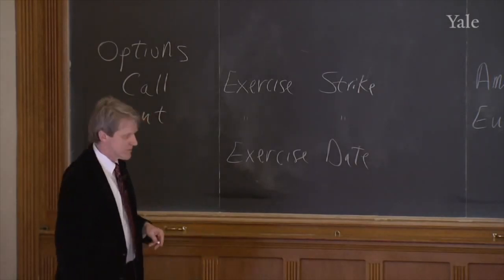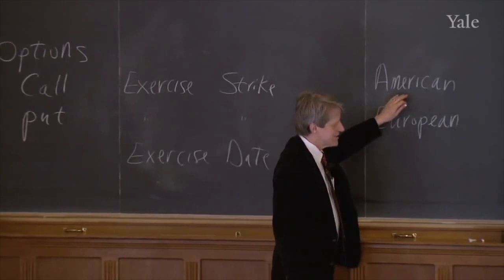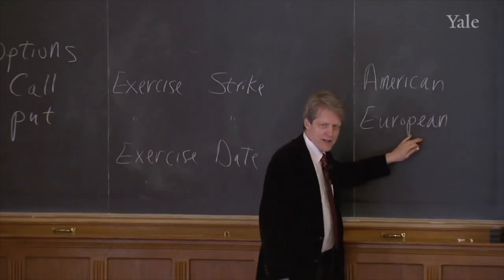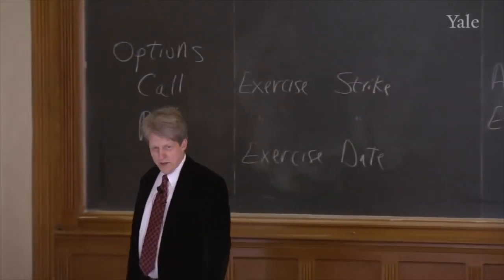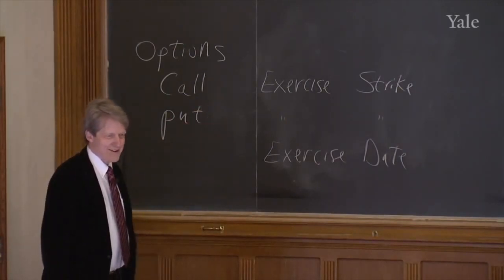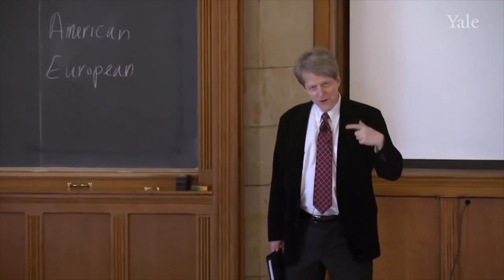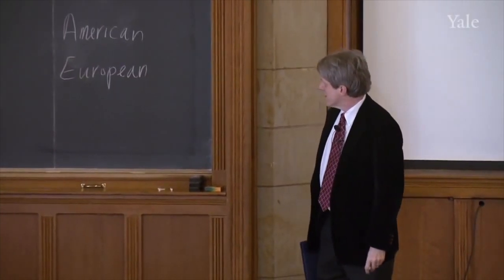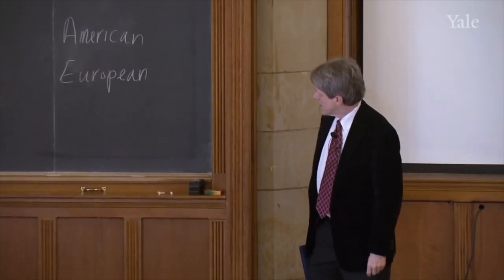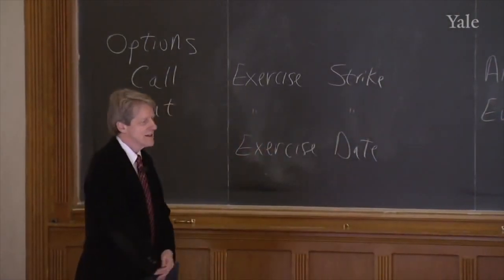So the American option is better than the European option for the buyer, because the American option can be exercised at any time until the exercise date, whereas a European option can be exercised only on the exercise date. You see, the American option has to be better, or not worse than, I don't know if it's strictly better, but not worse than a European option, because you have more options. I think we've defined what they are. Do you understand well enough what they are?